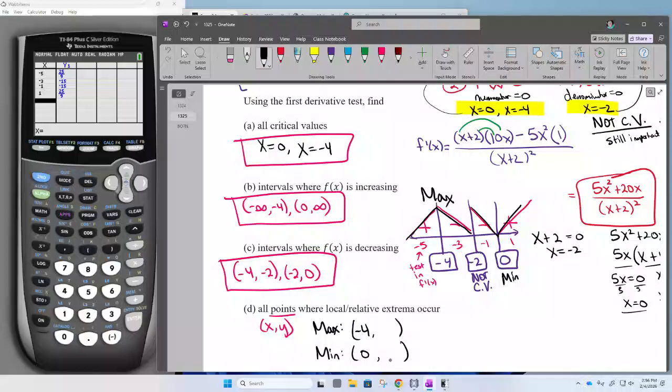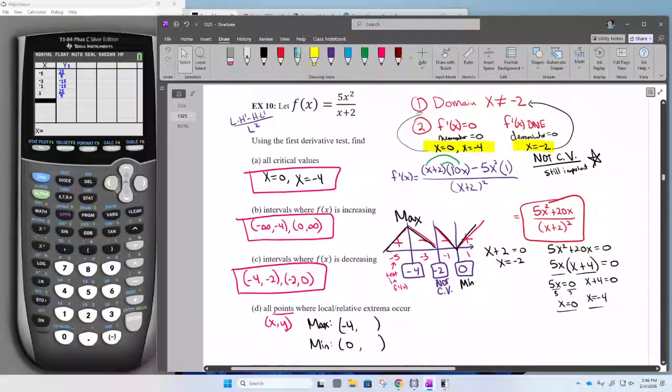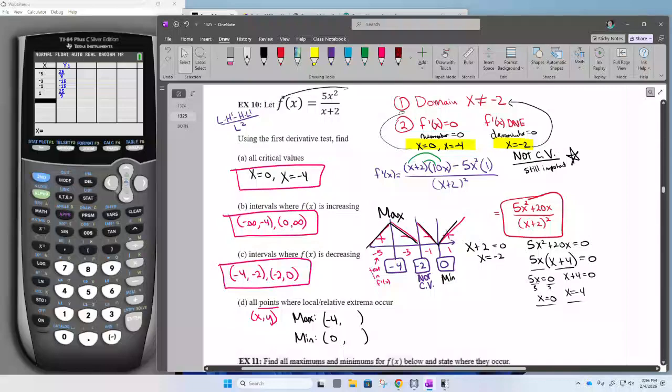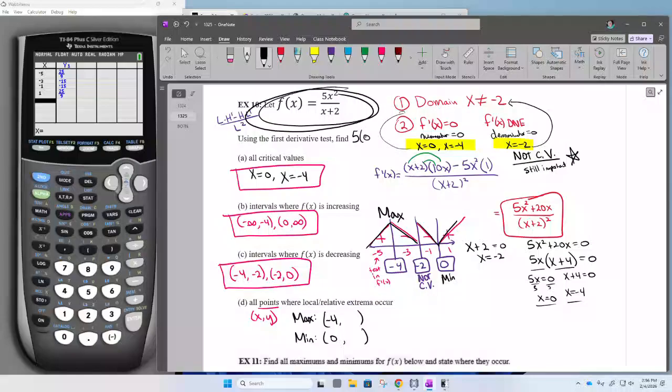And how do we find those y values? Plug them back up here into the original equation. So I'm gonna plug in 0, somebody else can plug in the other one. So 5 times 0 squared over 2 is 0. Anybody plug in -4? -40, awesome.